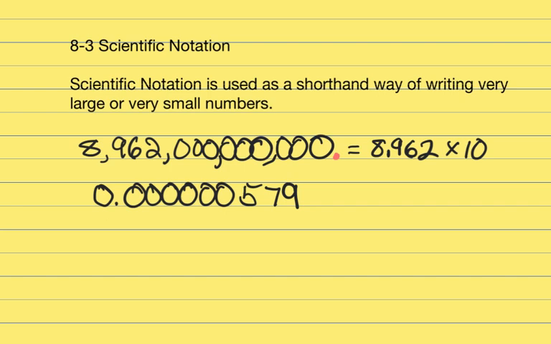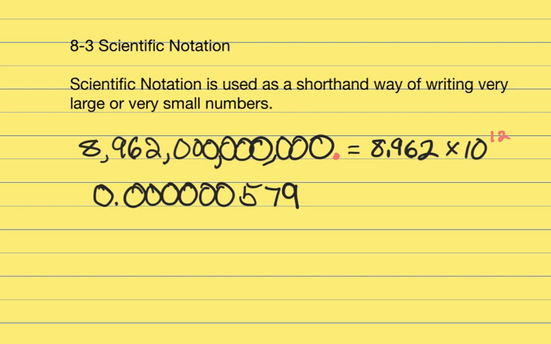If we move it after the 8, let's count how many places we're moving it: 1, 2, 3, 4, 5, 6, 7, 8, 9, 10, 11, 12. So when I write the number, that will be 8.962 times 10 to the 12th.